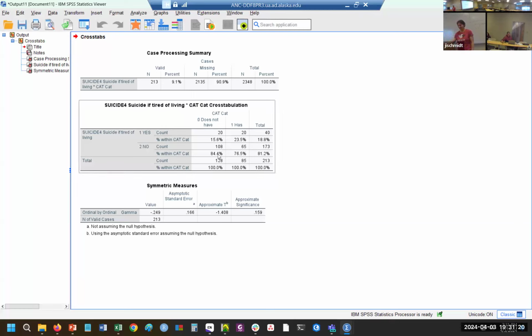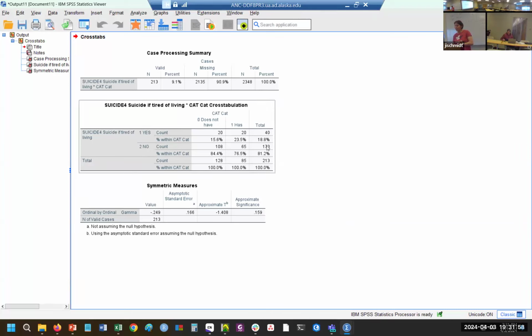If you don't have a cat, 84% said no, they're not thinking of suicide, but if they have a cat, it drops down to 76%. So to me, that says having a cat means you're less likely to say, I'm tired of living. Your cat is keeping you going. Yeah, but not by much. Well, let's check.